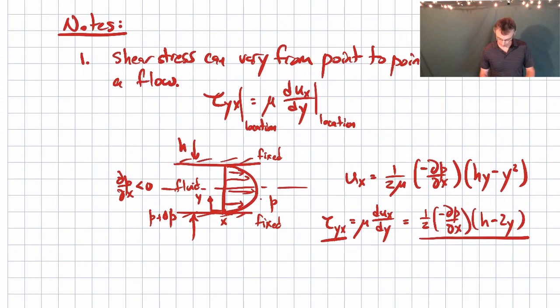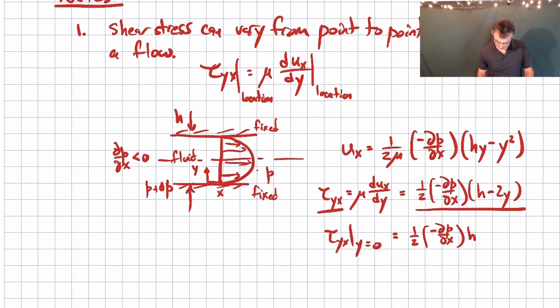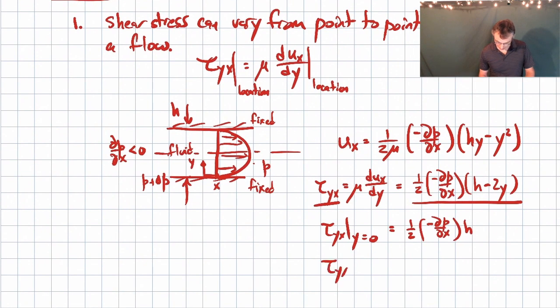The shear stress at y equal to 0, for example, on the bottom plate, would end up being 1/2 times minus dp dx times h. And then the shear stress at y equal to h on the top plate would be 1/2 times minus dp dx times minus h.